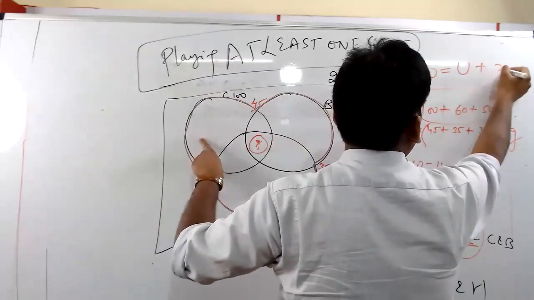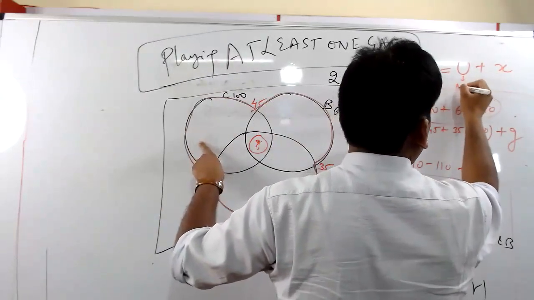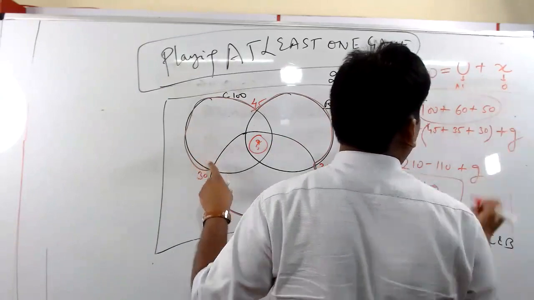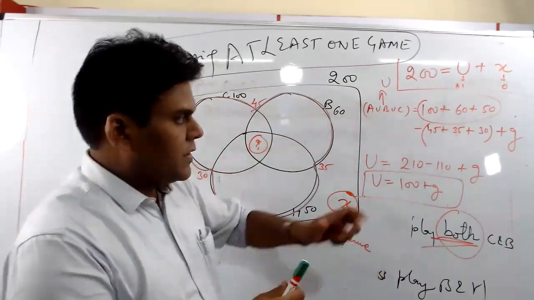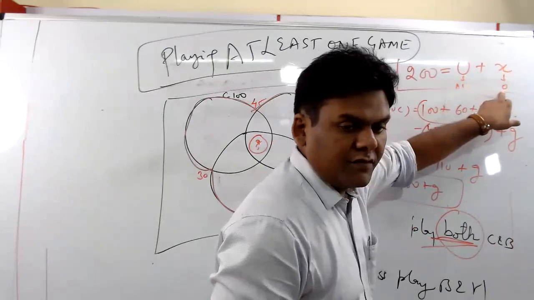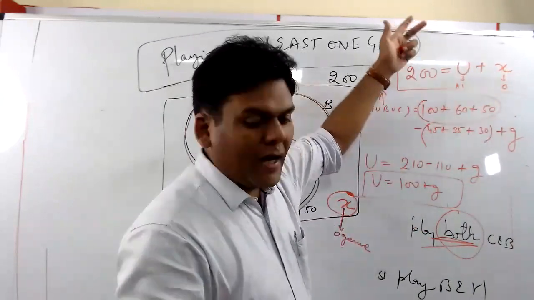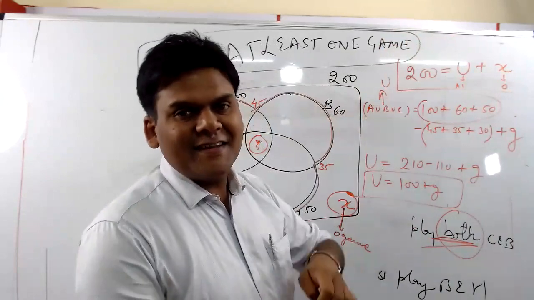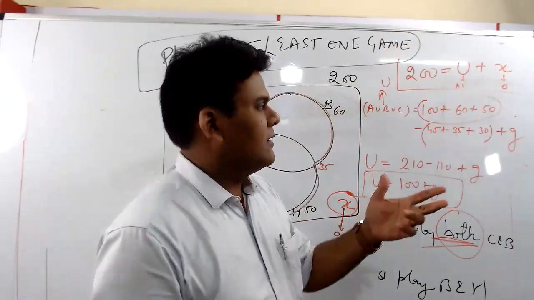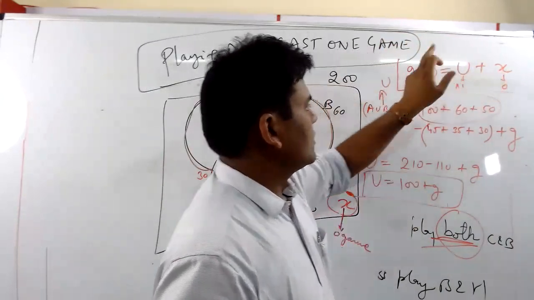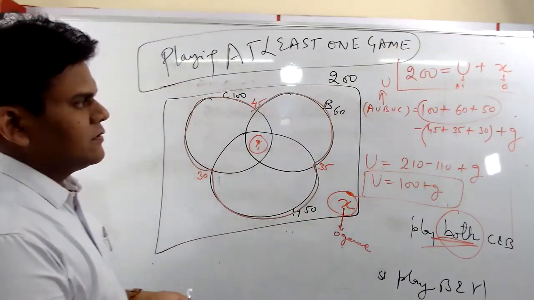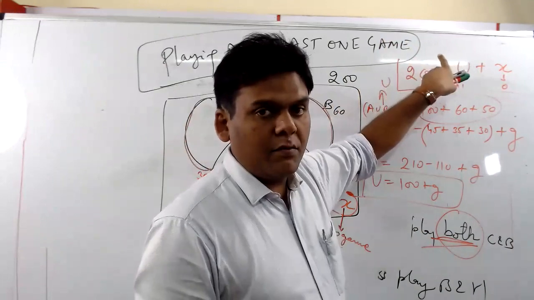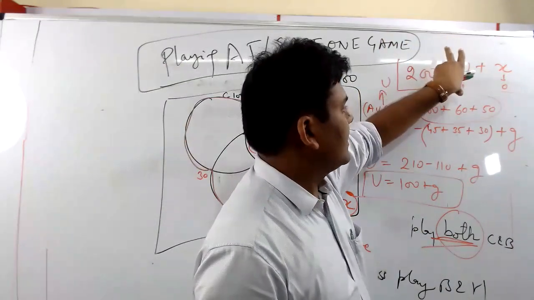Plus X, at least one game वाले या zero game वाले. यही तो दो तरह के बच्चे होंगे ना स्कूल में. कुछ भी नहीं खेलते. Those who are not playing any of the games, or playing one game. Yeah, either they're not playing any game or they're playing one. Right? So X plus U is 200. So the question is, I'll tell you why I am asking you to understand this.